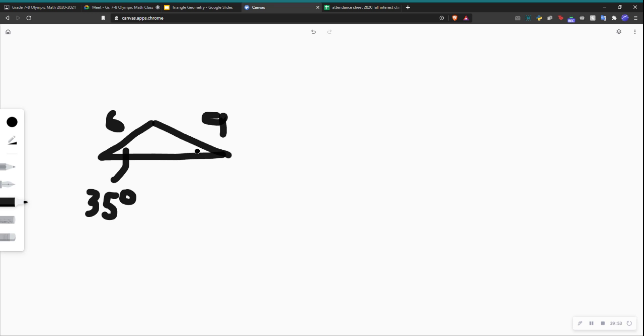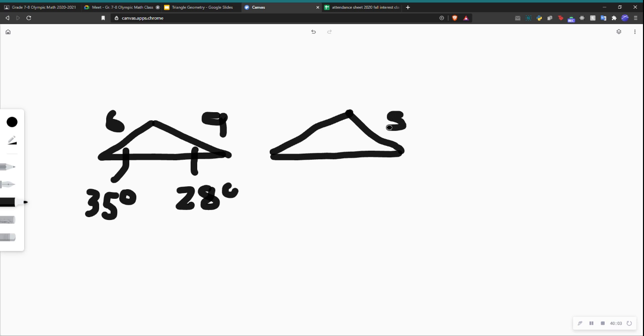And you have another triangle, the one with the side length S. So this S, this is 2. This is also 35, and this is also 28.